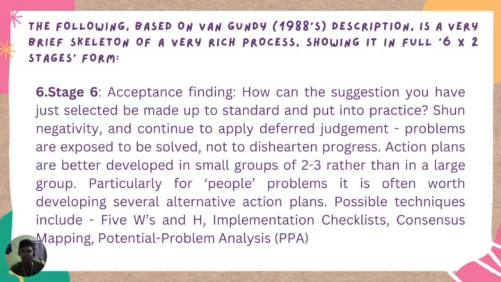Action plans are better developed in small groups of 2 to 3 rather than in a large group, particularly for people problems. It is often worth developing several alternative action plans.